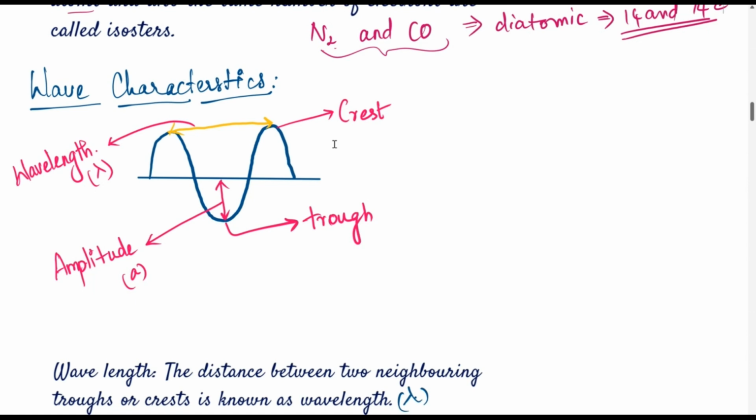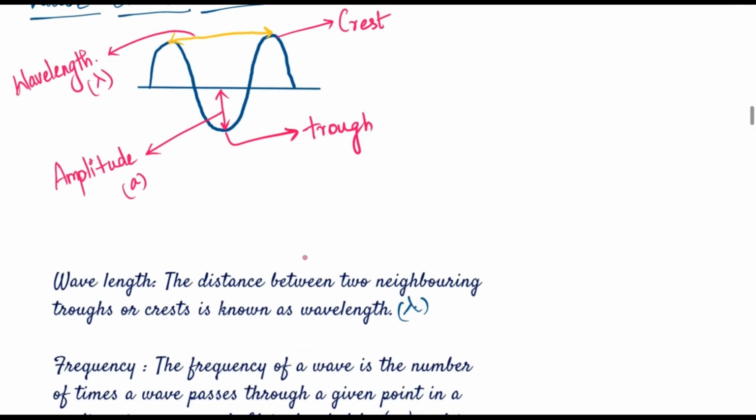First of all, what is a wave? A wave consists of crests and troughs. The upper part, the maximum point, is called the crest, and the minimum point of the wave is called the trough. Is it clear? Now let's move on to the important terminologies. The first one is wavelength.